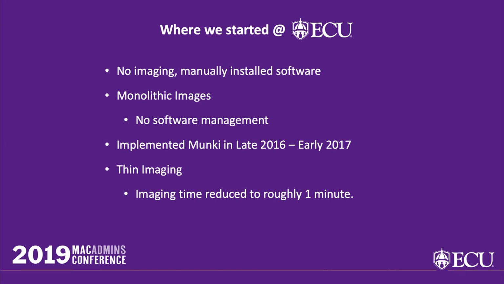The first time that I did it on some of our new machines that we got in, the image time came to around a minute. I was blown away. I had never imaged that quickly before. Of course, most of the load was offset to Munki, and it took much longer to get the machines up and running, but just the image time was a minute. And of course, imaging has gone away, unfortunately.